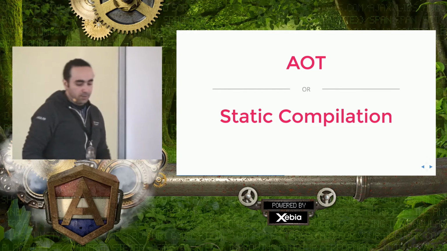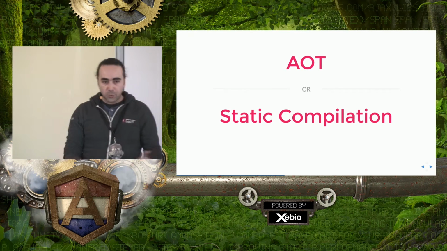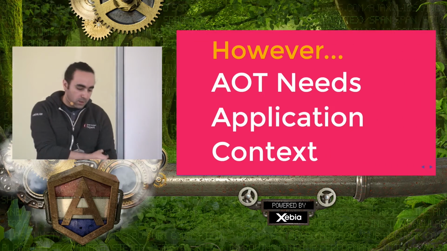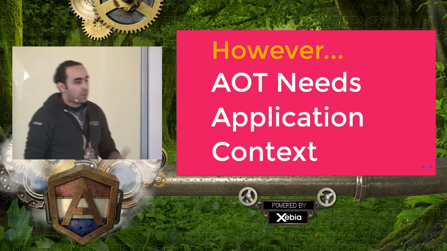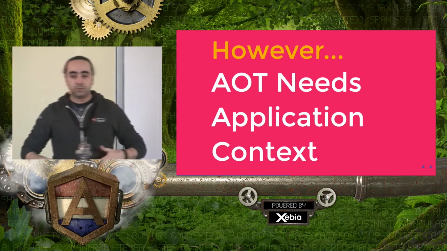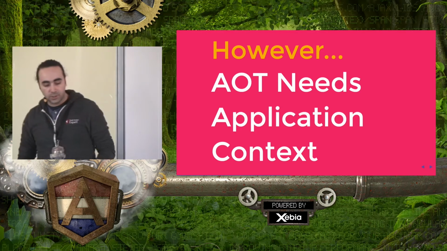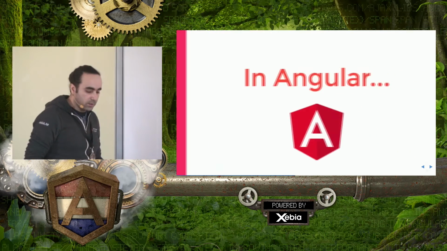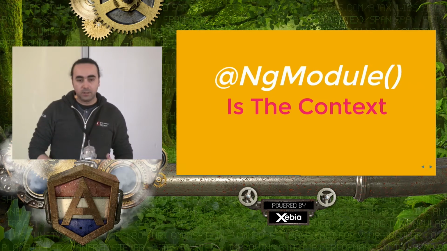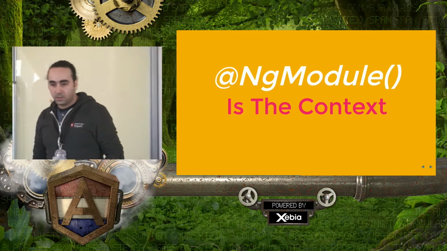So we call this static compilation, like in computer science. But in order to allow the compiler, the template compiler, to compile your application, this compiler needs some context. And this context in Angular comes from the ng modules, in general.